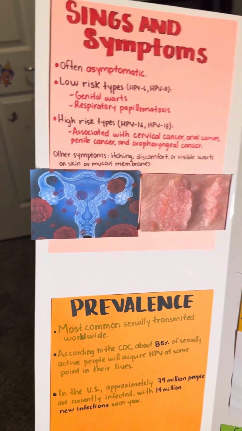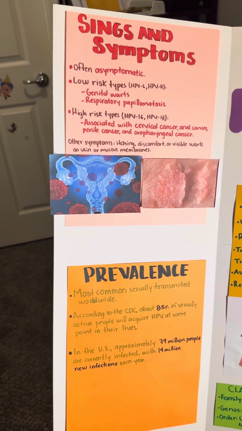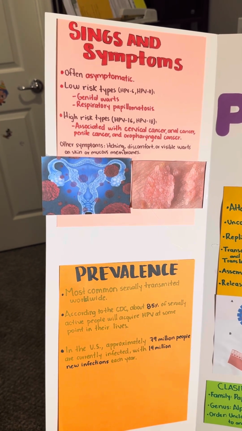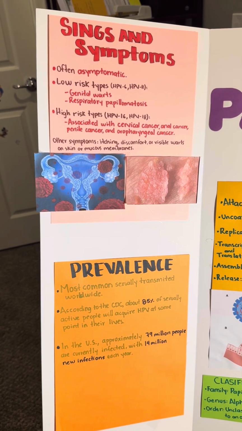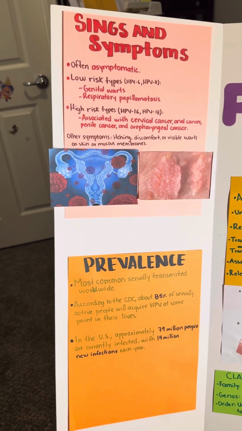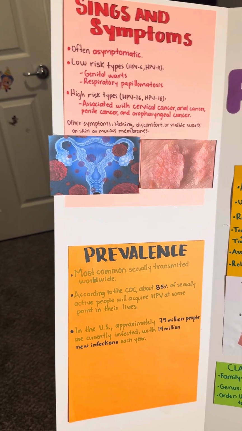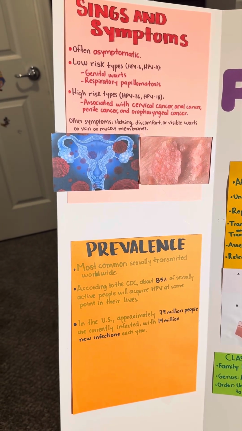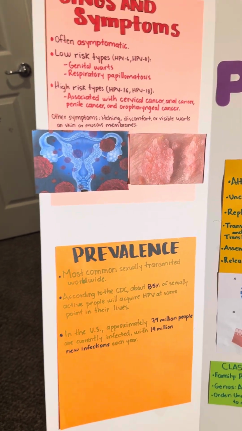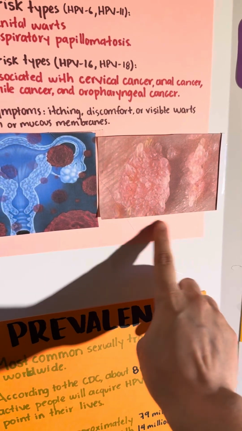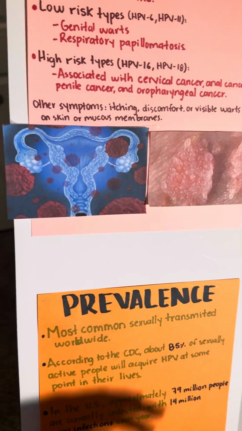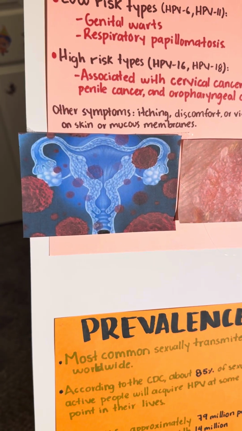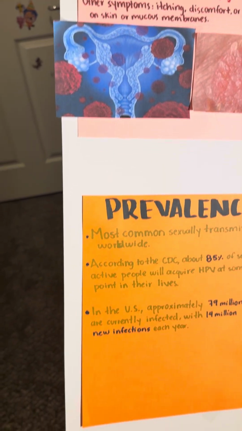The most common are 16 and 18, and these are associated with cervical cancer, anal cancer, penile cancer, and oropharyngeal cancer. Other symptoms associated with this virus are itching, discomfort, and visible warts on the skin or mucous membranes. Here you can see a picture of genital warts and a representation of the virus going through the cervix area.